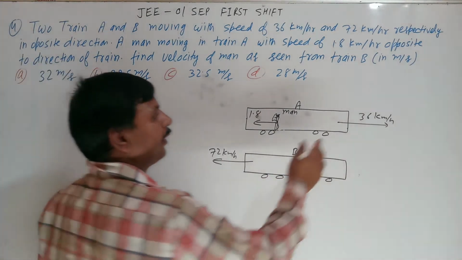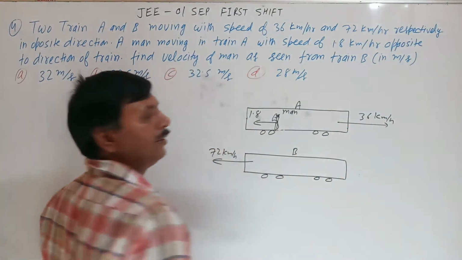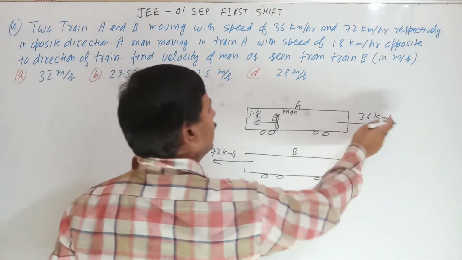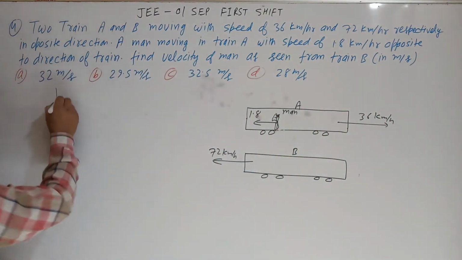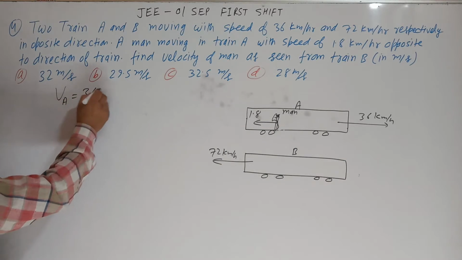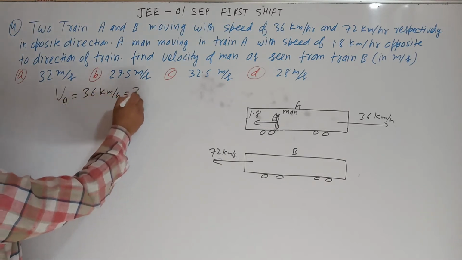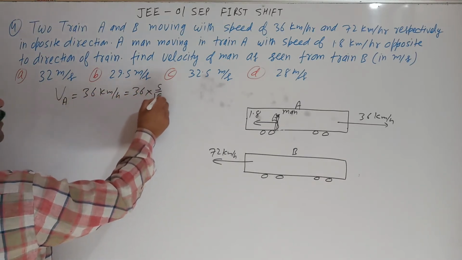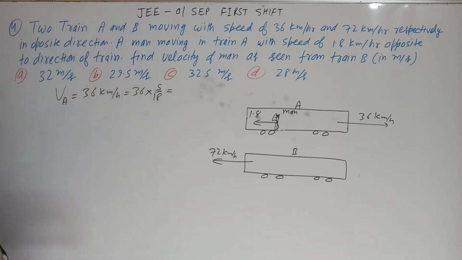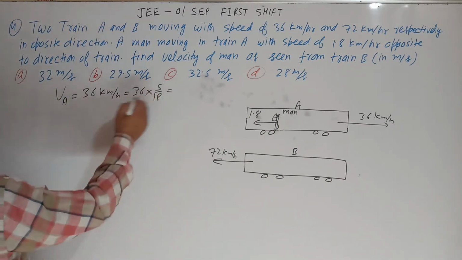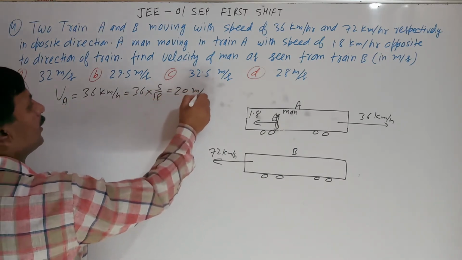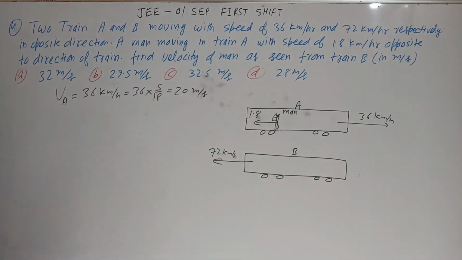So see, if we convert this to meter per second, the velocity of train A is 36 km per hour, 36 into 5 by 18. So that is 10 meter per second. So this is the speed of train A, 10 meter per second.